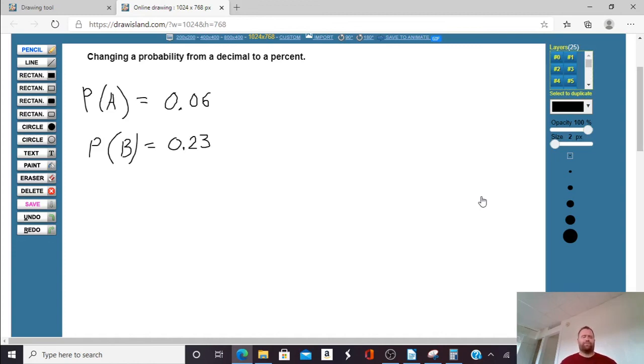Okay, so let's say I have two different probabilities of events occurring. So the probability of event A is 0.06. To change that to a percent, I'm going to move the decimal point 2 places to the right. So that would be 6%.